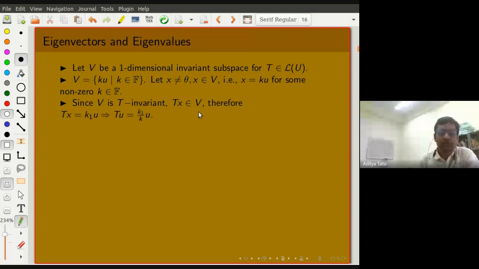If I apply T to X, since I already assumed that V is an invariant subspace, Tx is also going to belong to the same subspace V, right?